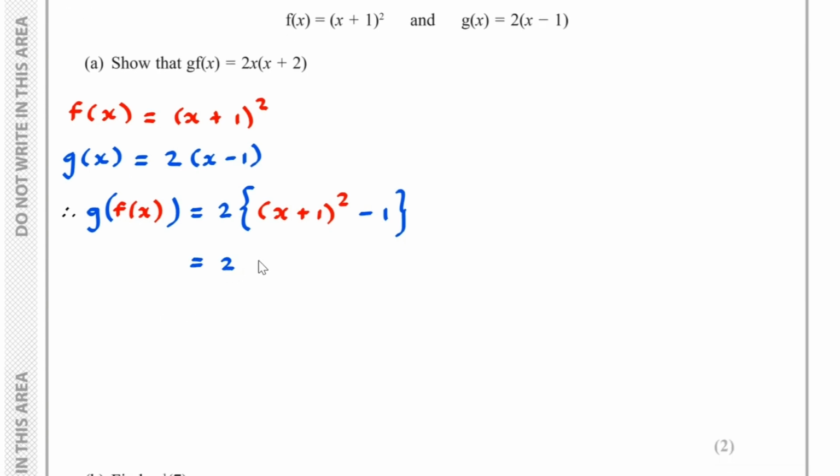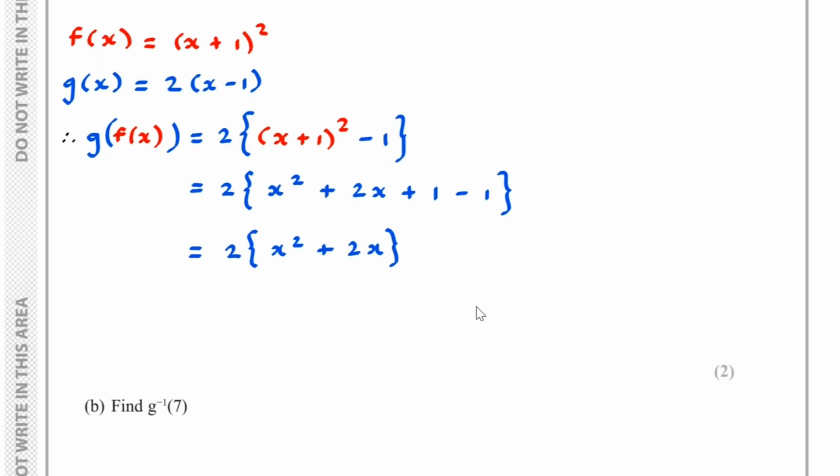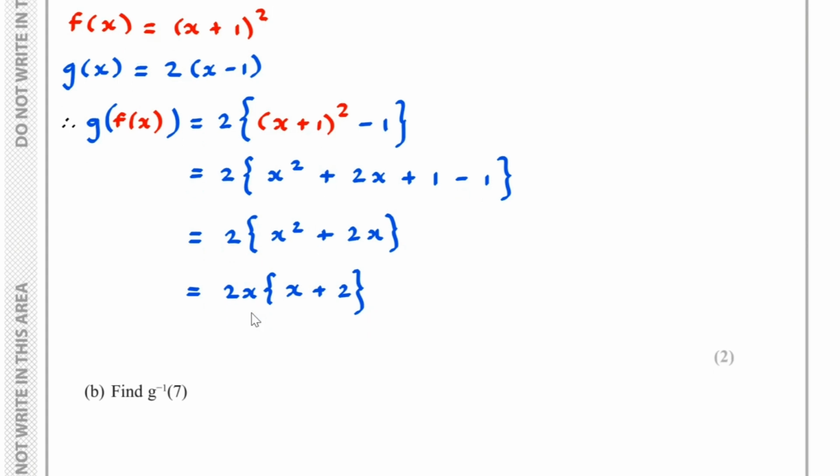So I have 2 multiplied by x squared plus 2x plus 1 minus 1. So I have 2 times by x squared plus 2x, and if I factorise out an x as well, I have 2x times by x plus 2. And that's exactly what I wanted to show.